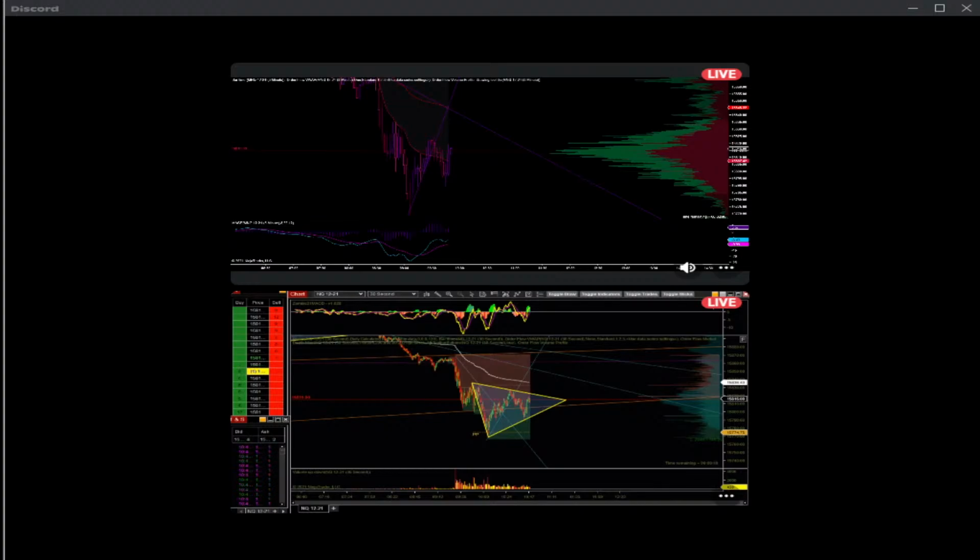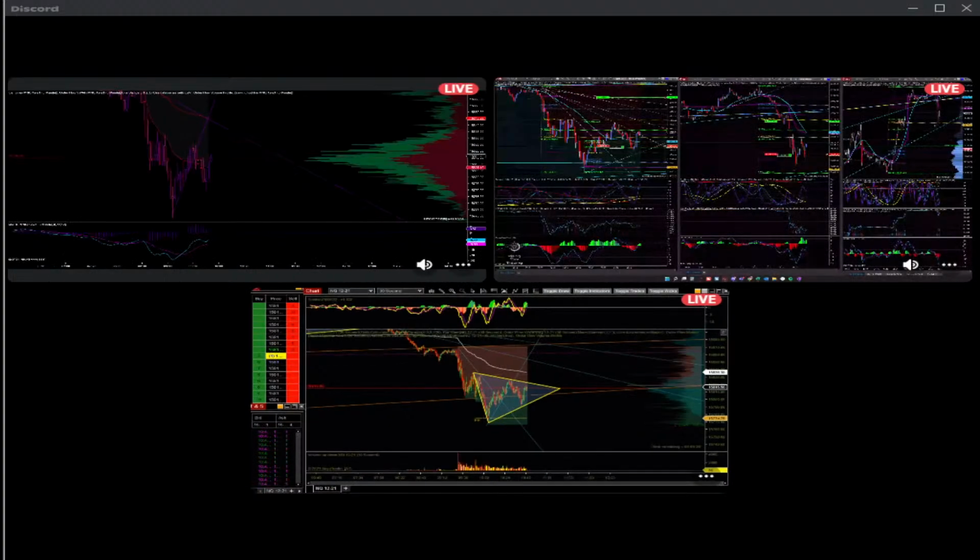Anyone grab that inverted head and shoulders on the 1 or 3 minute, depending on how you trade? Yep. Yeah, we are seeing here this symmetrical triangle.